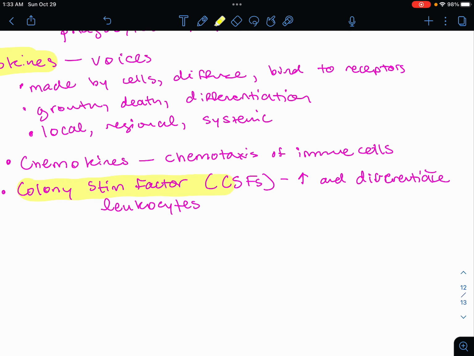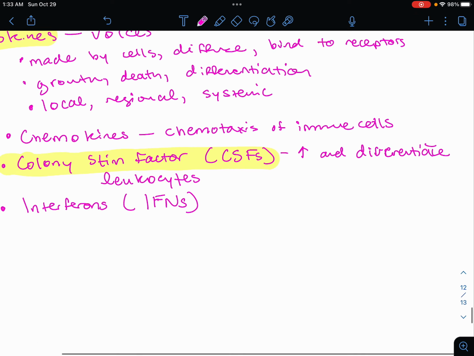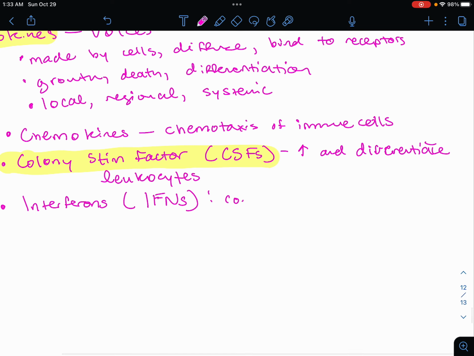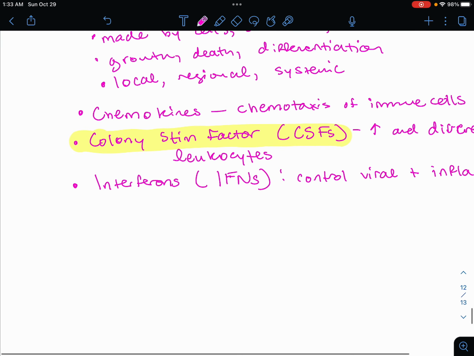That's going to be one of our abbreviations. I'm going to highlight that one. We also have interferons, or IFNs. These are going to control viral as well as inflammatory response. It's another abbreviation, so let's highlight it.